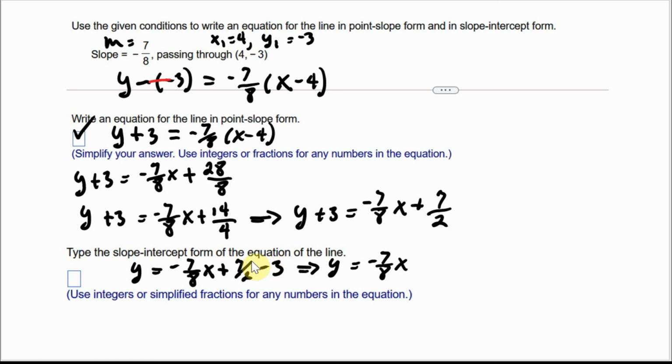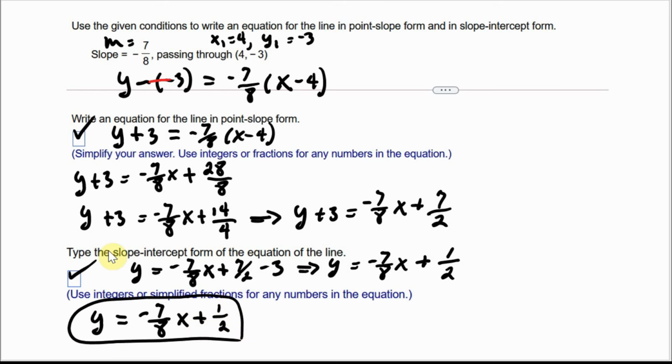So that's 7 minus the 6 is plus 1 over 2. And that's the answer. So we'll just say y is equal to negative 7 over 8 times x plus 1/2. And then you'll plug that into my math lab. Okay? Is everybody fine? Okay. Good.